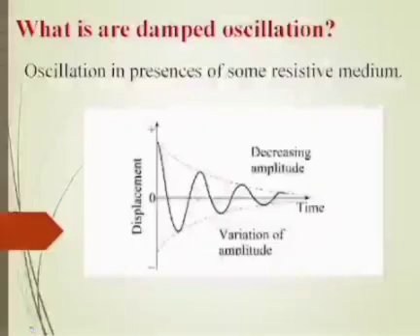The next term that we are going to discuss in today's lecture is damped oscillation. This is a very important topic, and we can also observe this phenomenon in our daily life. Let us consider the example of a pendulum, or any vibrating body, such as a ball in a bowl system.